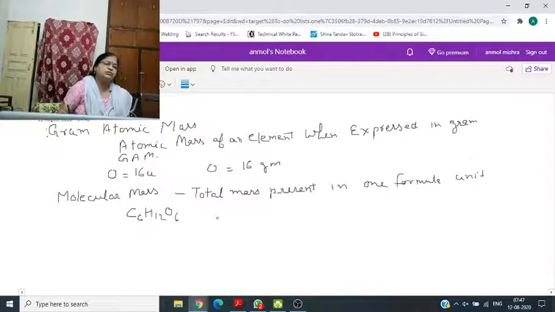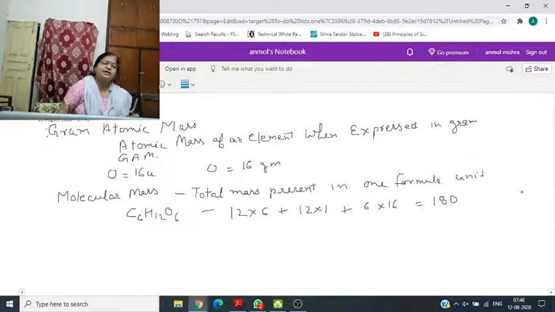C6H12O6. We know that the atomic mass of carbon is 12, so 12 into 6. Hydrogen is 1, so 1 into 12. Oxygen is 16, so 6 into 16. This will be equal to 180.